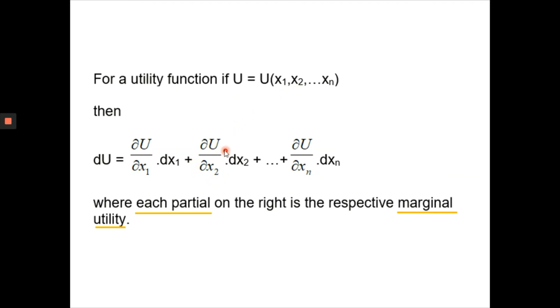This here would be the marginal utility of good X2, times an infinitesimal change in consumption of X2. All right, so each partial derivative, as I mentioned, these are the marginal utilities from consuming each of these goods. All right, and we need to add all of these up in order to calculate the total change in utility.